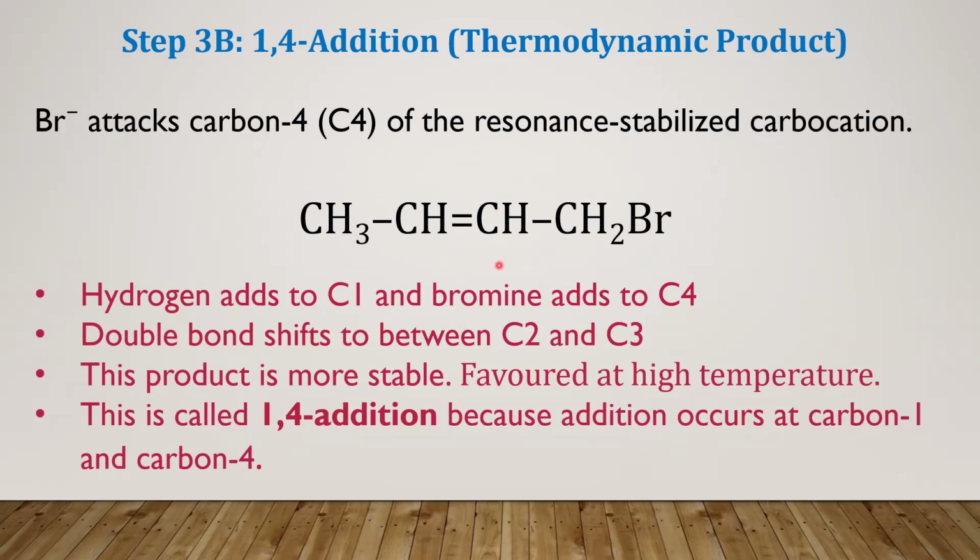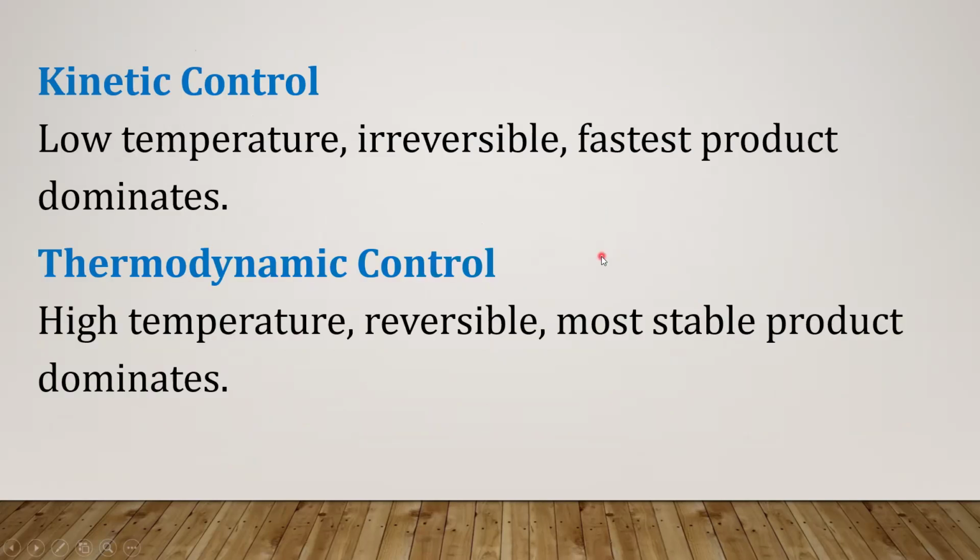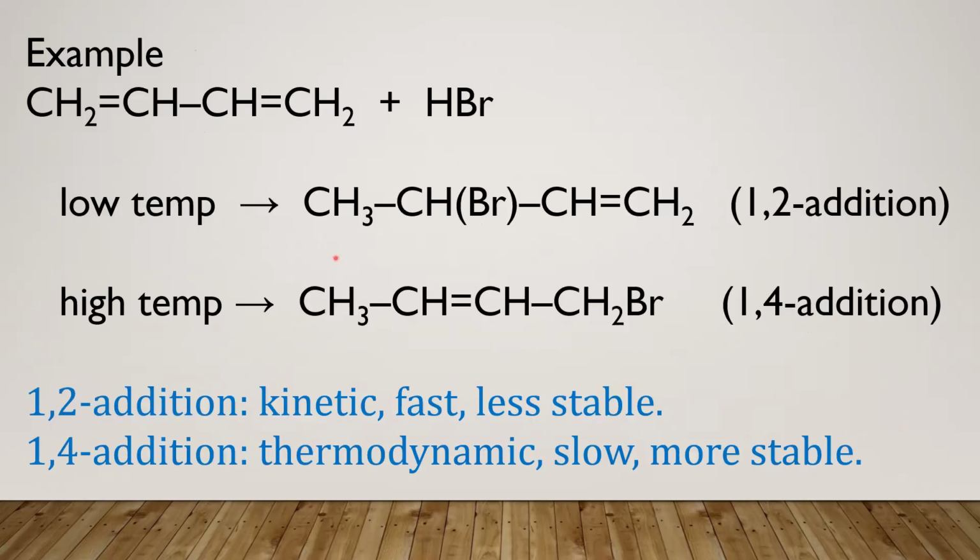This product is favored at higher temperature, and because the addition takes place at C1 and C4, we call this 1,4 addition. So with kinetic control at low temperature, very fast, we obtain one product. With thermodynamic control at high temperature, reversible, the most stable product will be obtained.